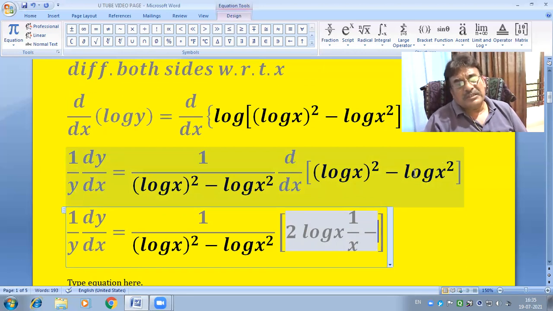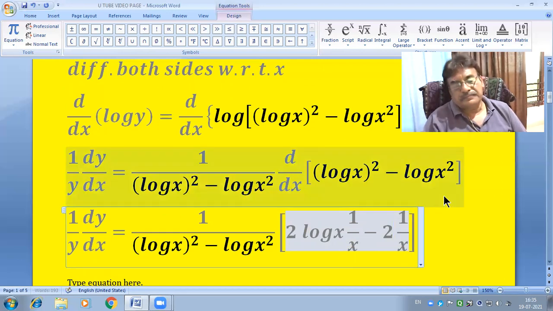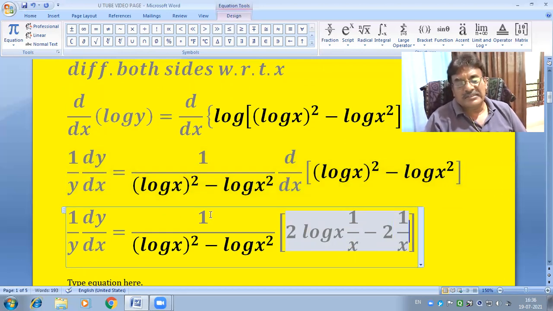So first we use here log m raised to n equals n log m. So right here 2 into log x, and d/dx of log x is 1 by x.